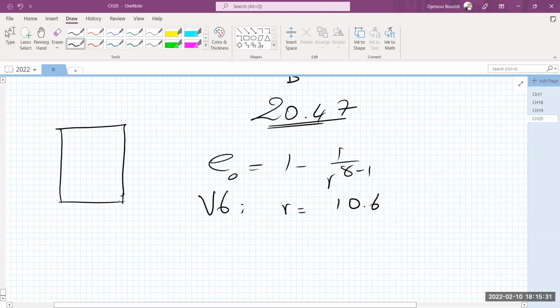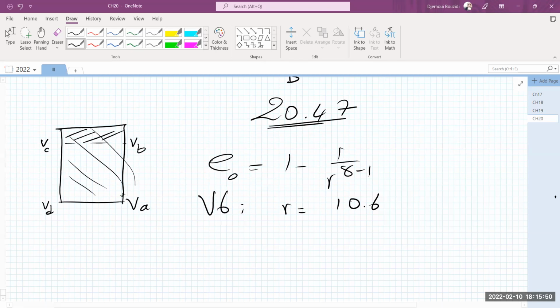So this is my cylinder. Between this is VA and this is VB. Or if you wish, this is VD and this is VC. This is VC, what I meant by it. And this whole thing now is VA. That ratio is 10.6, okay?